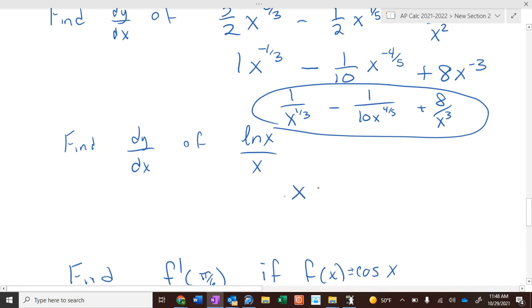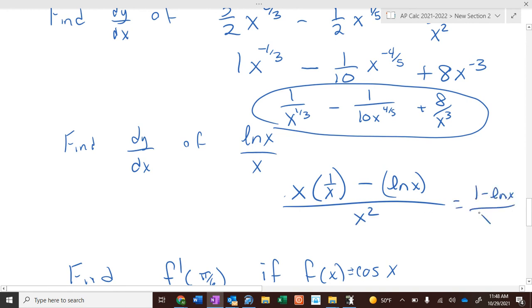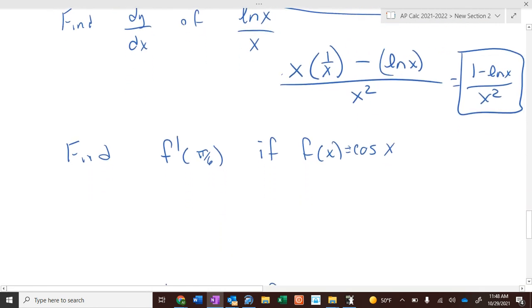It's x times the first derivative of the ln of x, which is 1 over x, minus the ln of x times 1 over x squared, which is 1 minus the ln of x over x squared. Oh, the quotient rule. I'm feeling that. I get it now.